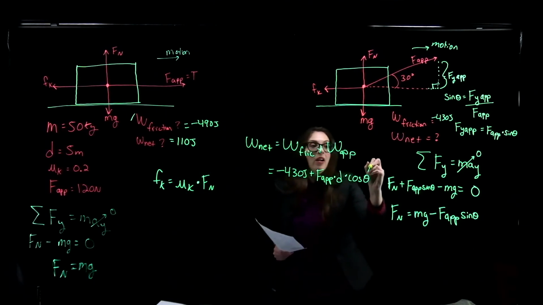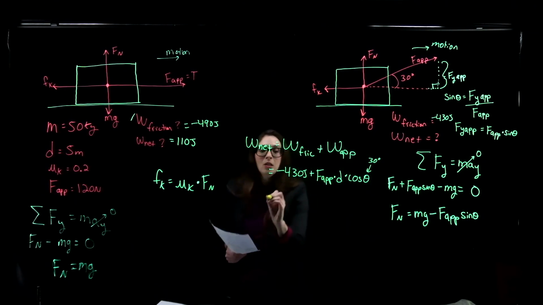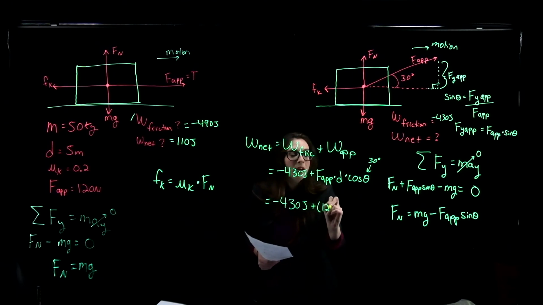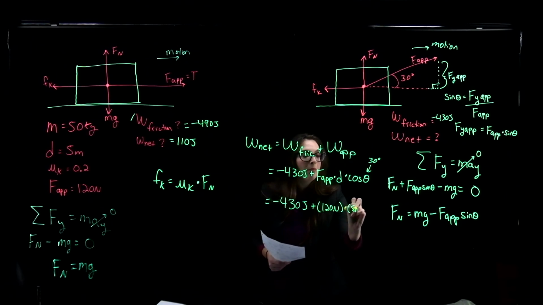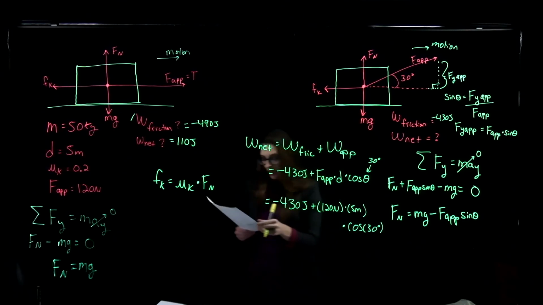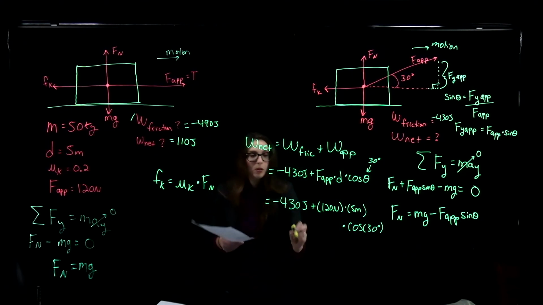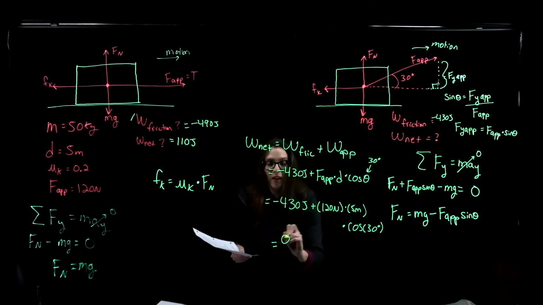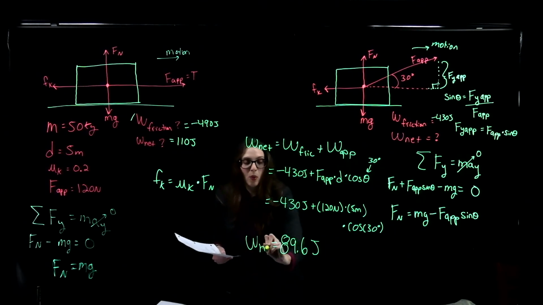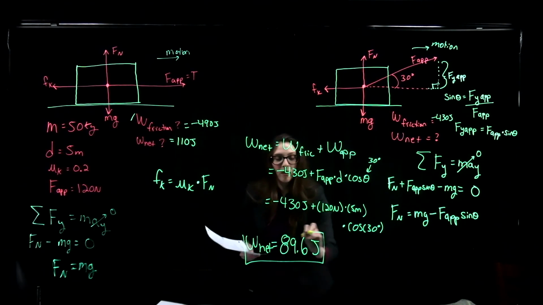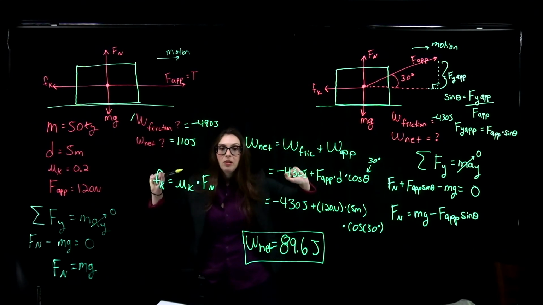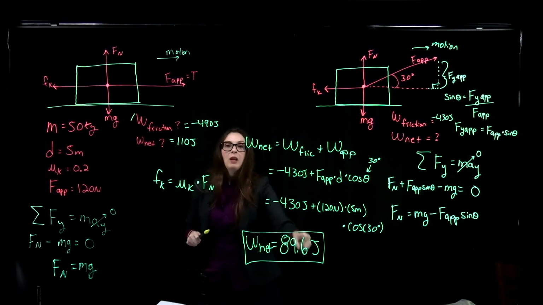In this case, that angle is 30 degrees. So this is minus 430 joules plus my applied force, 120 newtons, times 5 meters, times cosine of 30 degrees. That is equal to a total of 89.6 joules. So the net work that we do to move the object horizontally across the surface is equal to 89.6 joules.